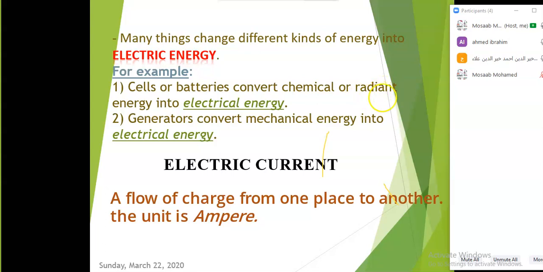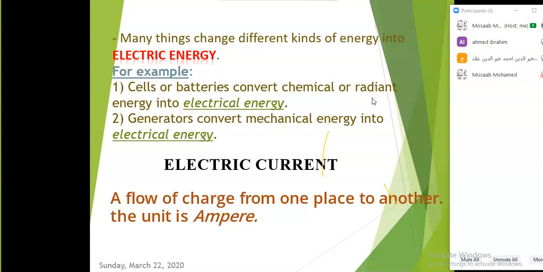What is the meaning of radiant energy? Who knows? Khairuddin. You are sleeping or what? What is meant by radiant energy?